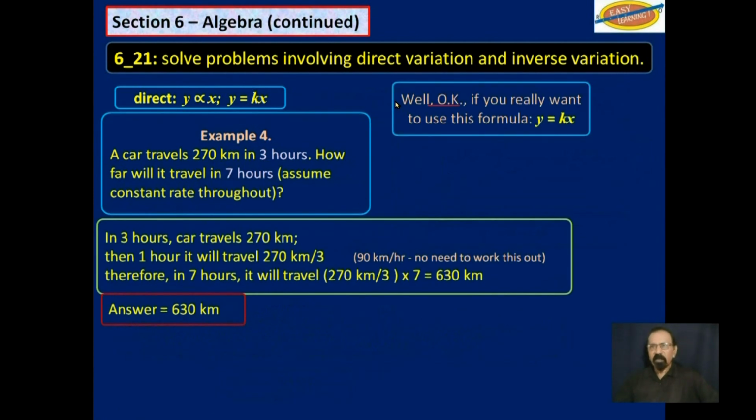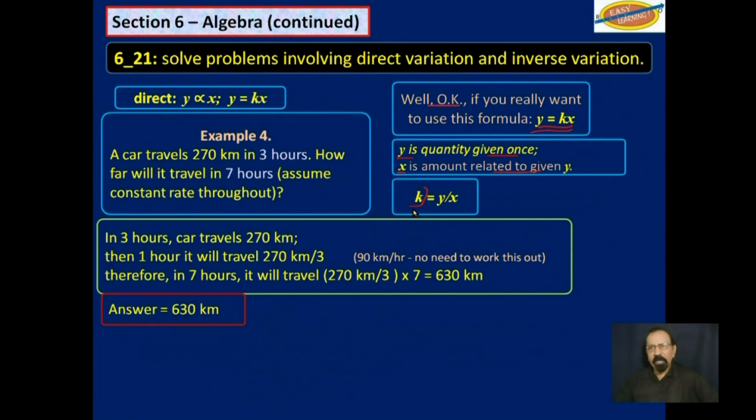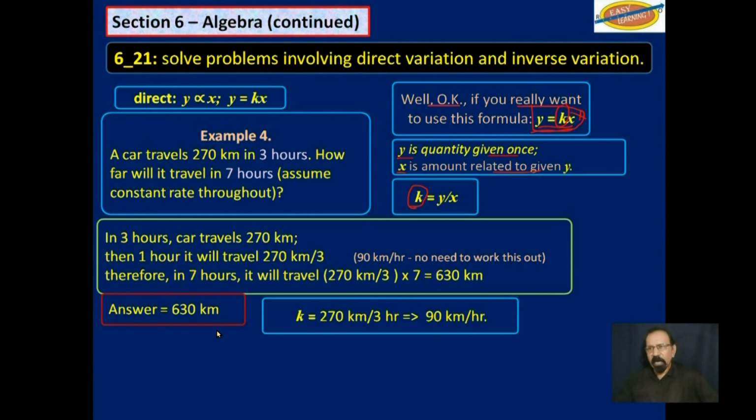Okay, so let's actually use this formula and see how it works. y is the quantity given once. x is the amount related to that given y. We will use that to begin with to find what k is, and then we will go back in this equation and find y now that we know k and we know x. x is the other amount given. So k is equal to 270 divided by 3, which is equal to 90.